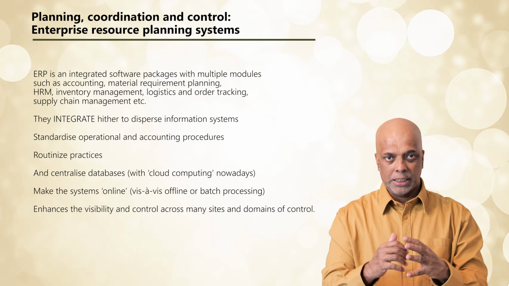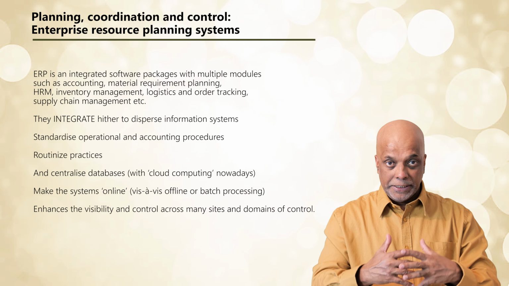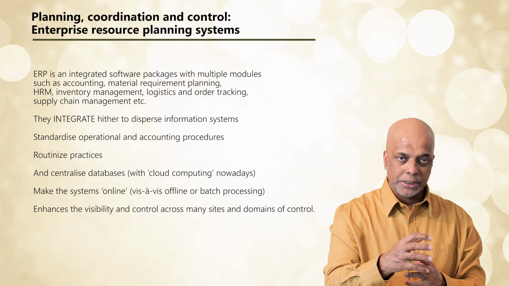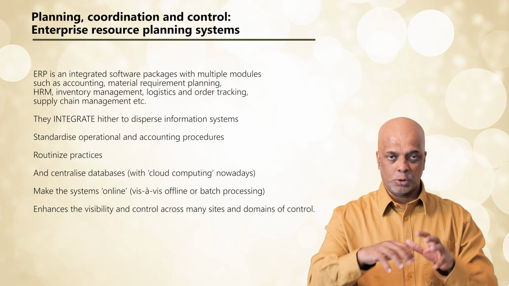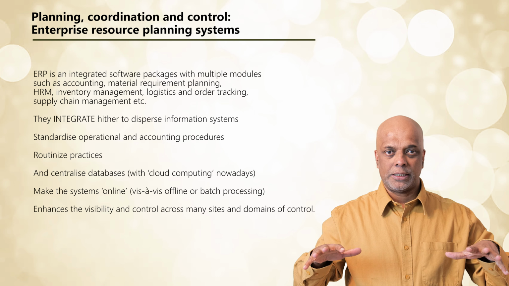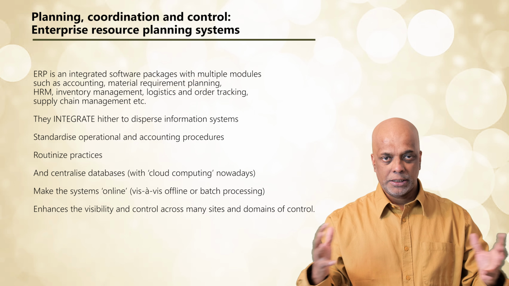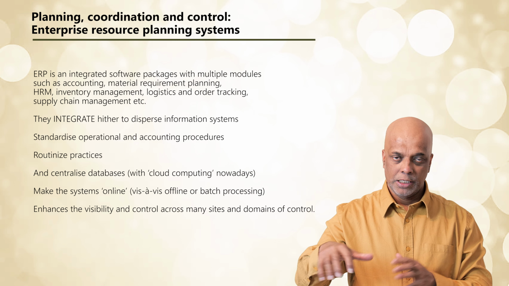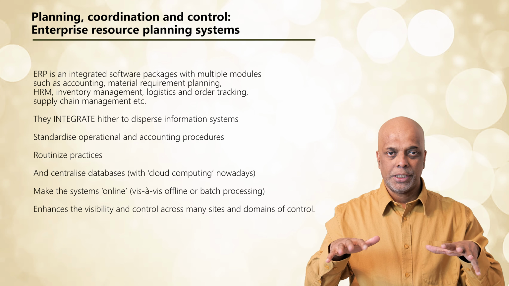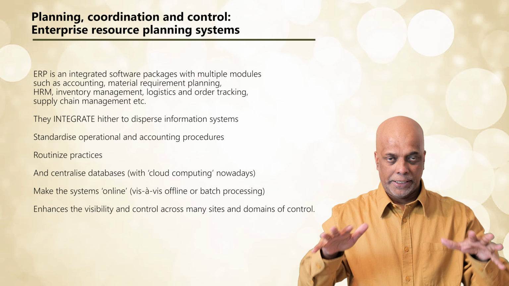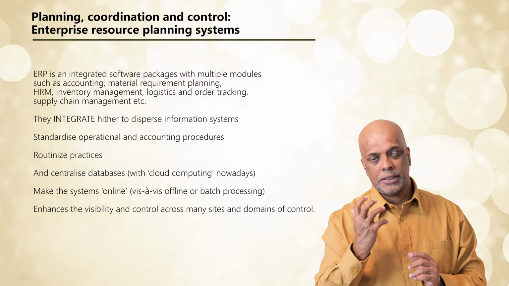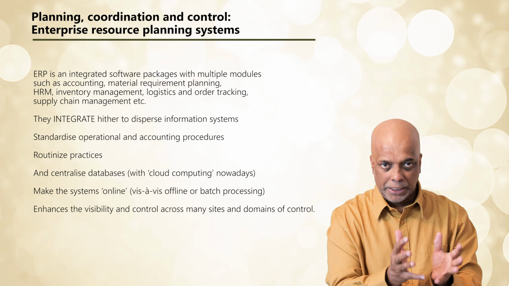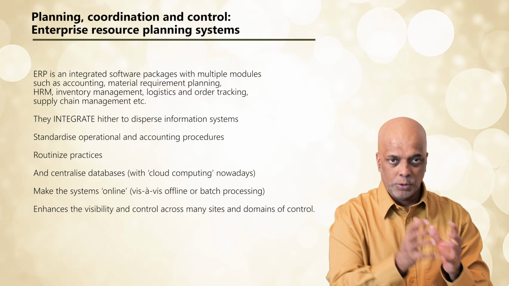An ERP system is an integrated software package which integrates various modules or systems through which the enterprises are managed. An ERP system integrates various dimensions and functionalities of managing a company as a totality. So an ERP system may include human resource management, or the HRM package, or accounting packages.